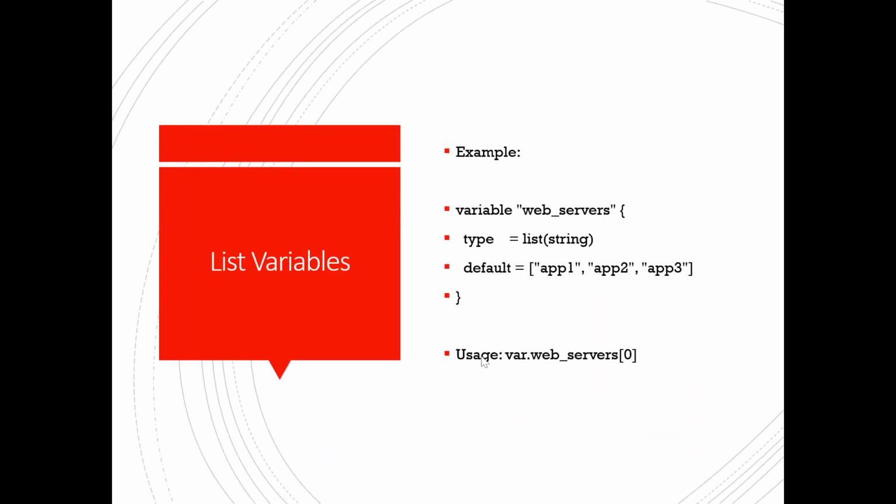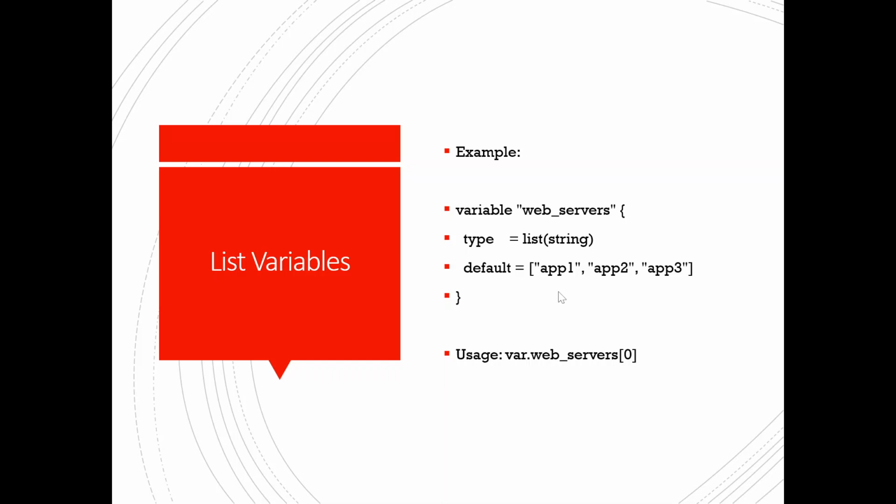Next, what is a list variable? A list is simply an ordered collection of values. For example, you can store multiple EC2 instance names in a list like this. Here you can see app1, app2, and app3. A list always starts from index 0.